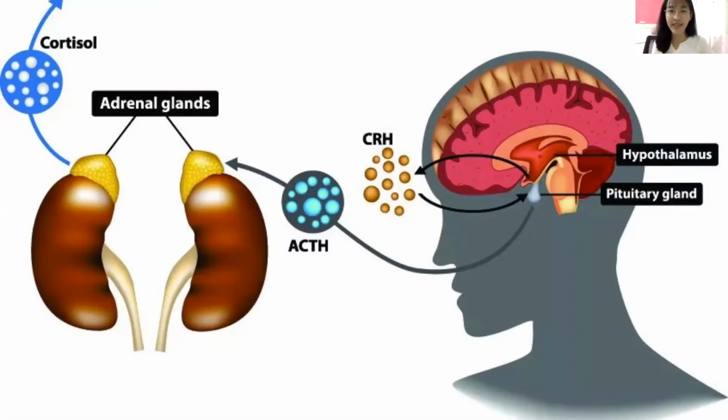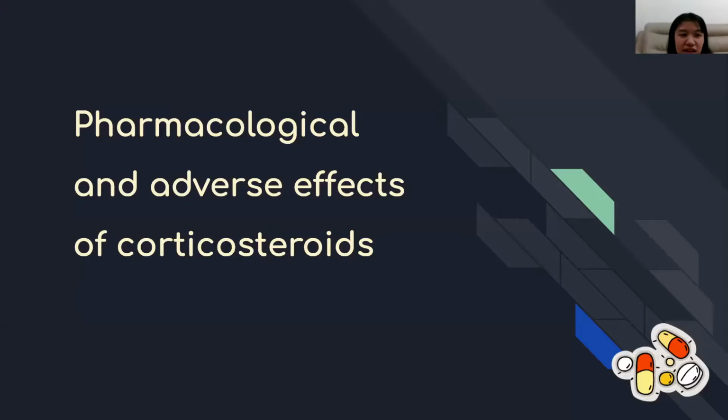These circulating corticosteroids will undergo physiological processes influenced by the HPA axis and are also responsible for initiating a negative feedback loop on the HPA axis via activation of glucocorticoid receptor in the brain in order to shut down the corticosteroid production. Now let's look at the pharmacological and adverse effects of corticosteroids.